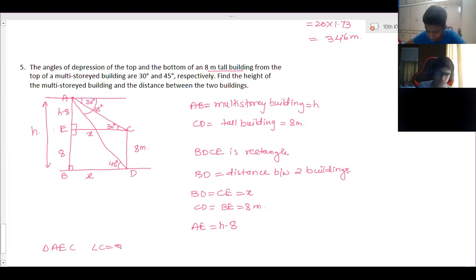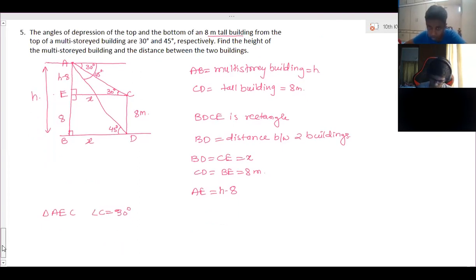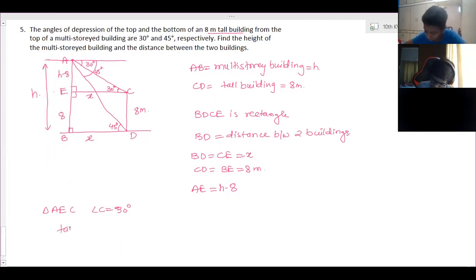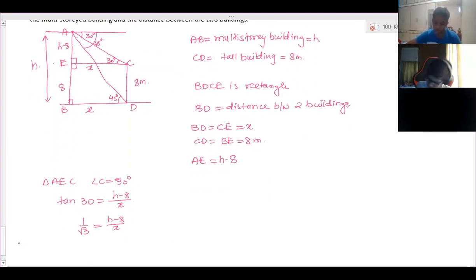Angle C is equal to 30 degrees, so use tan 30. Tan 30 is equal to h minus 8 by x. 1 by root 3 is equal to h minus 8 by x. X is equal to root 3 into h minus 8.